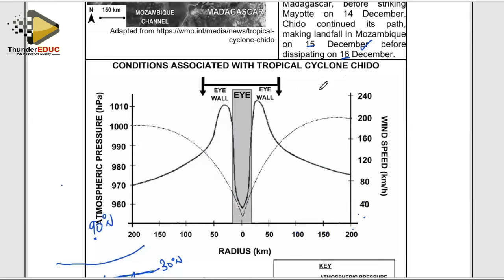It is because the air descends. In the center of the system there's descending air. The air is actually sinking in the center of the system. That is number one: there's subsiding air, the air sinks into the center of the system.